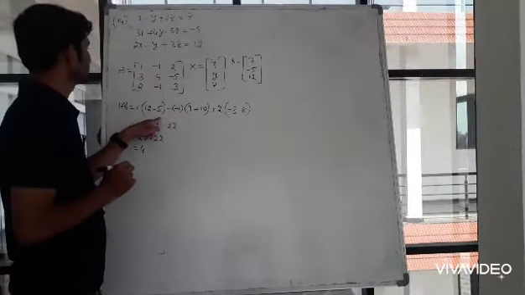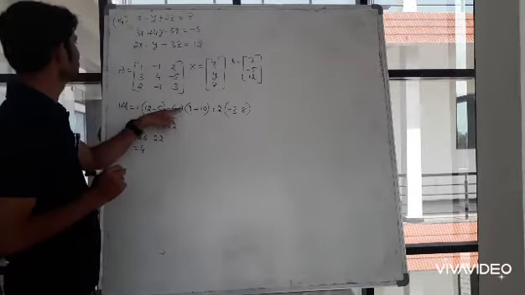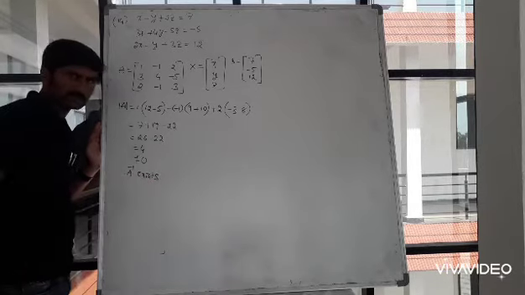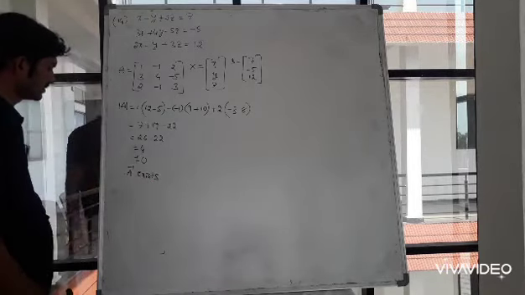Okay, which is not equal to 0. Determinant of A is not equal to 0. Therefore, A inverse exists. Write it there.